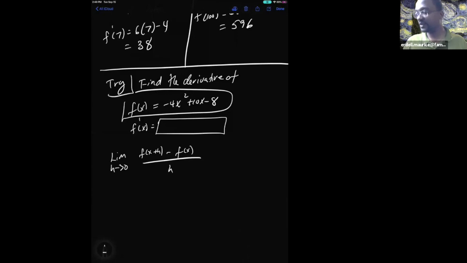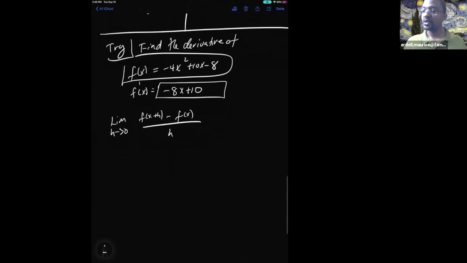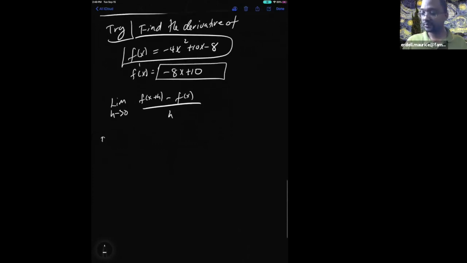The answer, by the way, is negative 8x plus 10. All right, step number 1 is f of x plus h, and that's going to be negative 4 times x plus h squared plus 10 times x plus h minus 8.